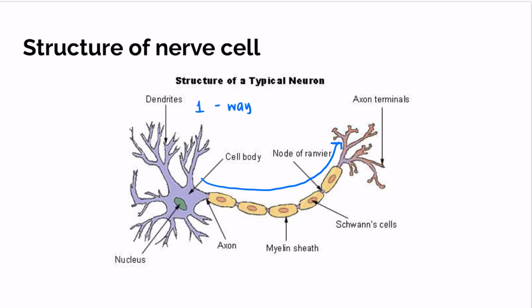So it's going to go from the dendrites here, past the cell body, and then down the length of the axon, and the signal is going to kind of come out of these axon terminals. And then this is where it's going to communicate with skeletal muscle.